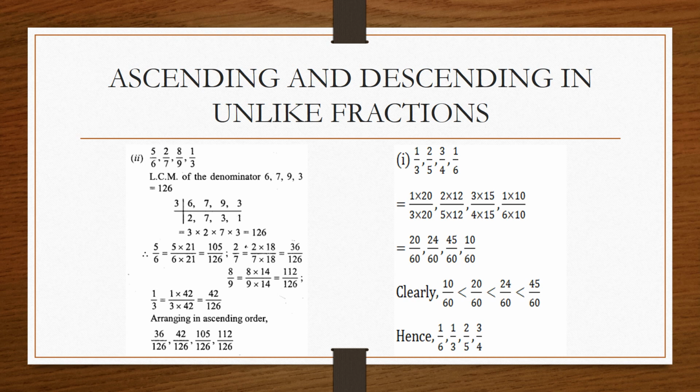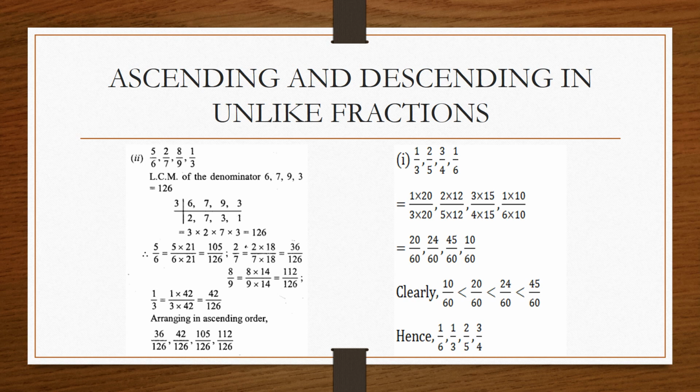So 3 you multiply by 20, so 1 into 20 by 3 into 20. Second fraction, you have to multiply 5 with 12 to make it 60, so 2 into 12, 5 into 12. In the third fraction, 3 by 4, you have to multiply 4 with 15 to make it 60, so 4 into 15 and 3 into 15.